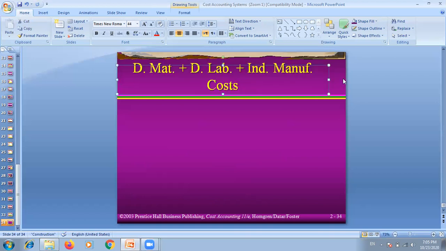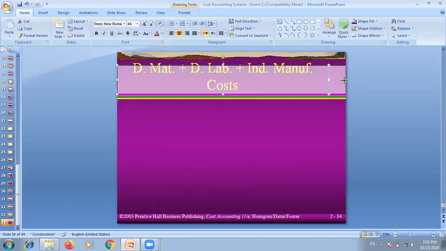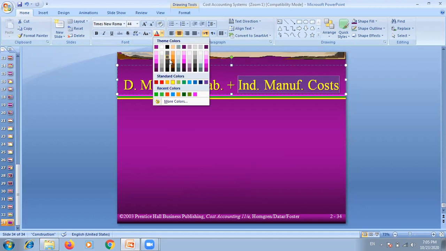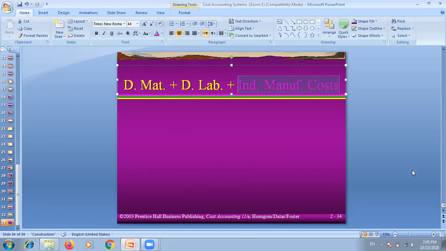So I have three items now, indicating the manufacturing cost: direct material, direct labor, and indirect manufacturing cost. If I leave out the indirect manufacturing cost, then the direct material plus direct labor means prime cost.